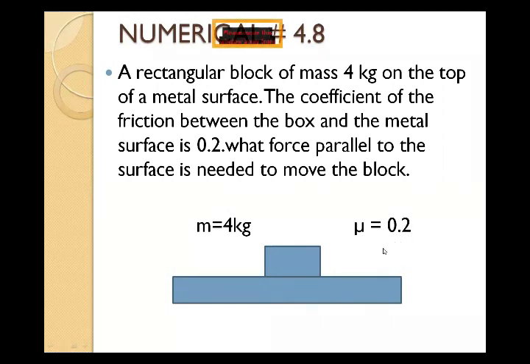Remember students that this coefficient of friction does not have any unit. Why doesn't it have any unit? Because it is the ratio of two similar quantities. That's why it doesn't have any unit.